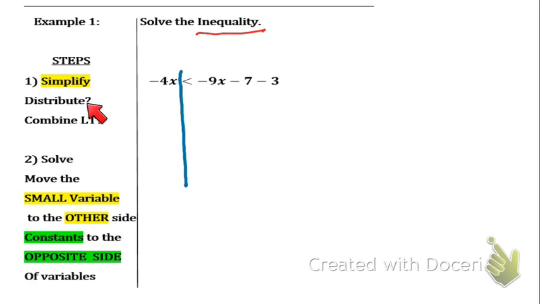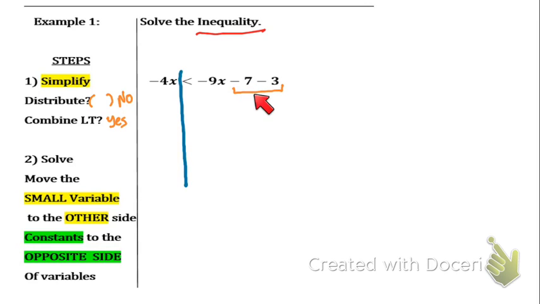All right. So, do we need to distribute? Do you see parentheses in this problem? And the answer is no, we do not need to distribute, so we're all good. Okay, do I need to combine like terms? And the answer is yes. On the right-hand side, I got these constants. These constants need to be combined.